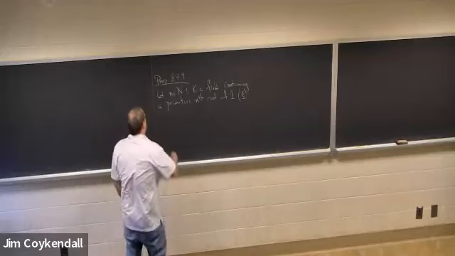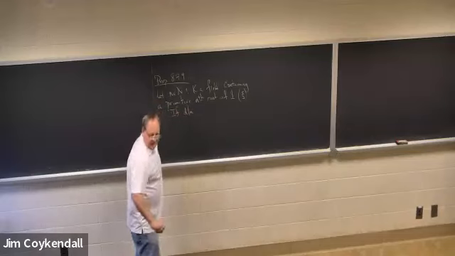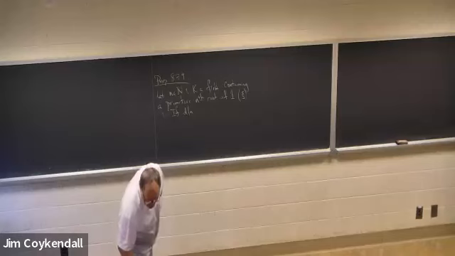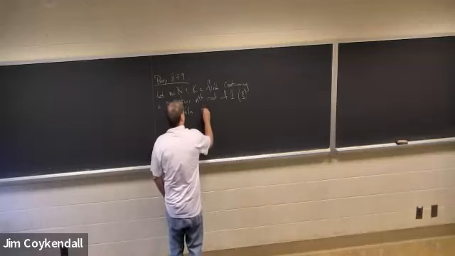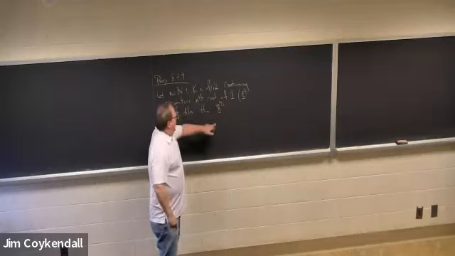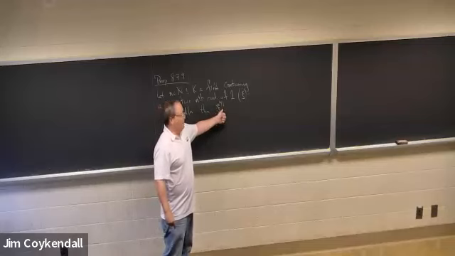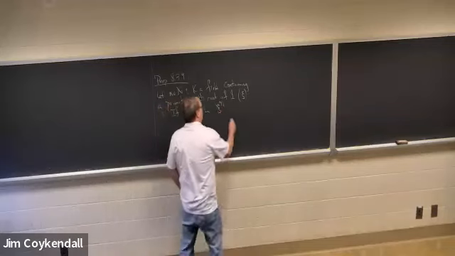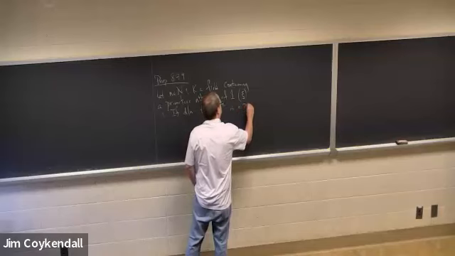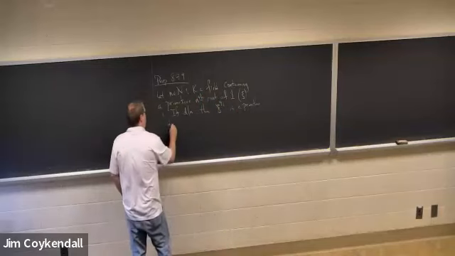Number 1: if d divides n, then if you look at this thing, d is a divisor of n. So if you look at this to the n over d power, this is a primitive dth root of 1.